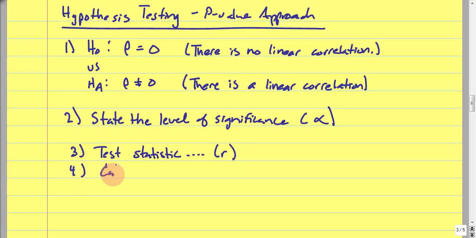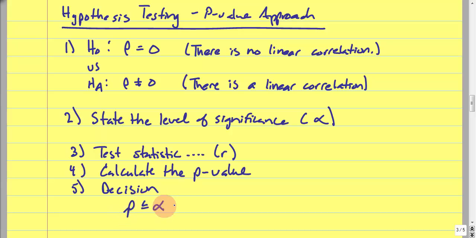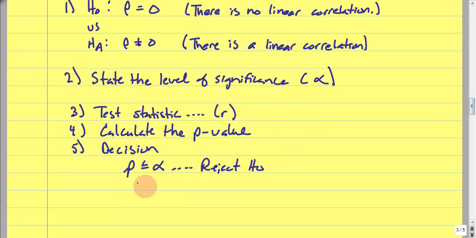We're going to calculate the p-value, and then we're going to make a decision. For my decision, if p is less than or equal to alpha, we'll reject H0, so this is not any different than everything else we've been doing in the last few sections. And if p is greater than alpha, we'll fail to reject H0. And then of course, the sixth step, we will summarize.